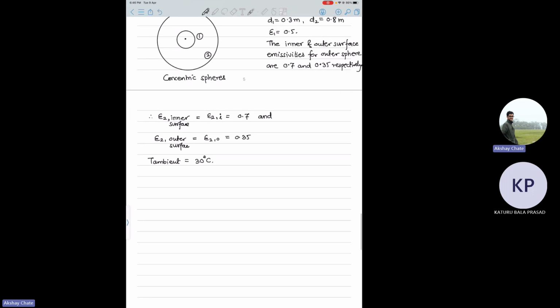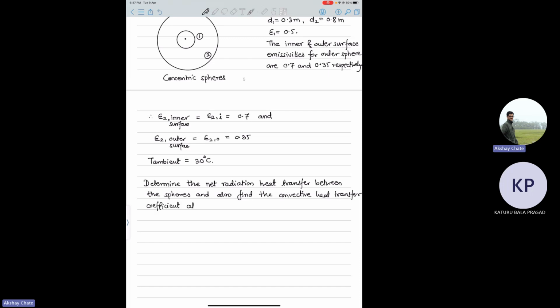So all this information is given in the problem, and then it is asked that determine the net radiation heat transfer between the spheres and also find the convective heat transfer coefficient at the outer surface of sphere 2.